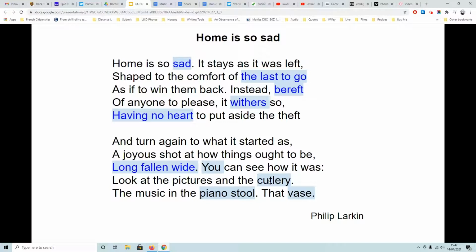Okay, so I think it's interesting maybe that those images come right at the very end of the poem, where the camera zooms in on those three items. For me, the vase is really significant because I think that vase links back to withers and the idea of flowers. And for me, I might then, as an alternative interpretation, wonder, well, who gave those flowers?